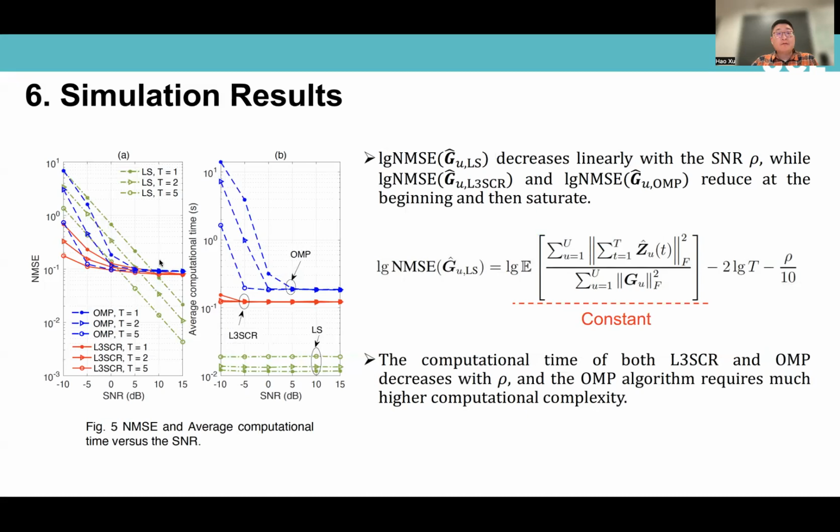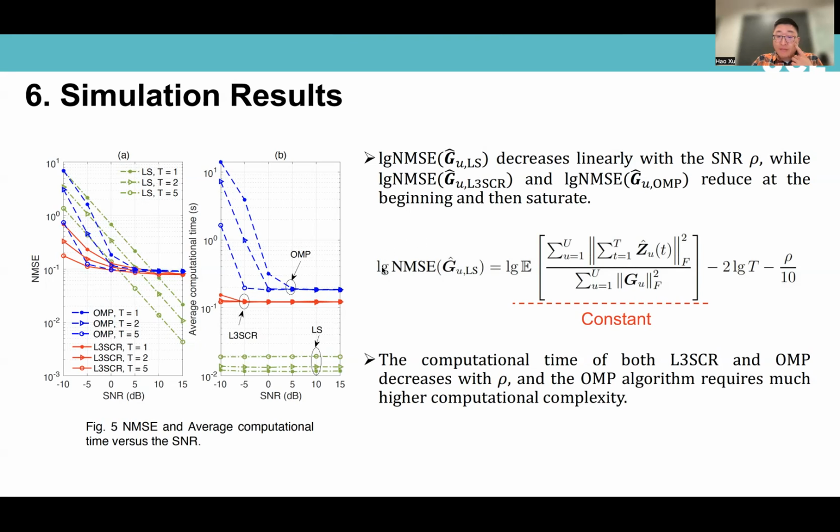This figure 5 depicts the NMSE and average computational time required for one channel realization versus the SNR rho and the number of times a pilot sequence is transmitted, T. We can see that the log NMSE of the least square scheme decreases linearly with the SNR rho, while the log NMSE of the other two schemes reduce at the beginning and then saturate.